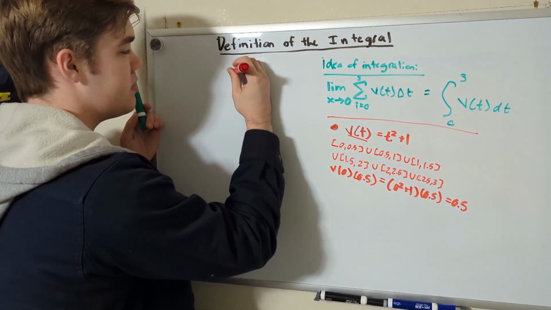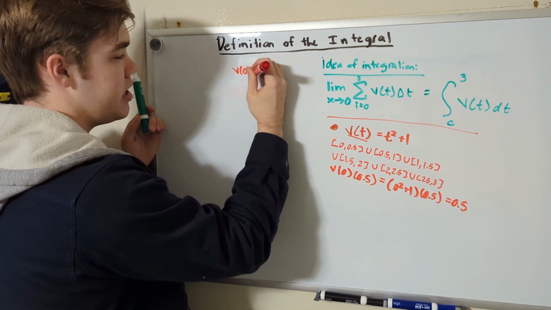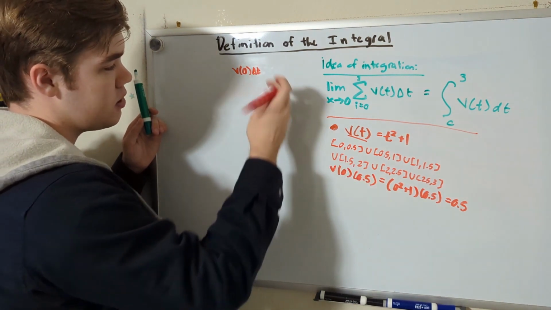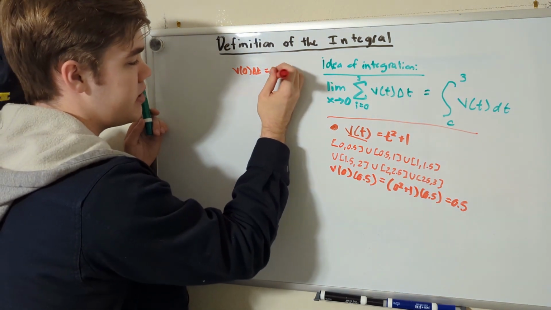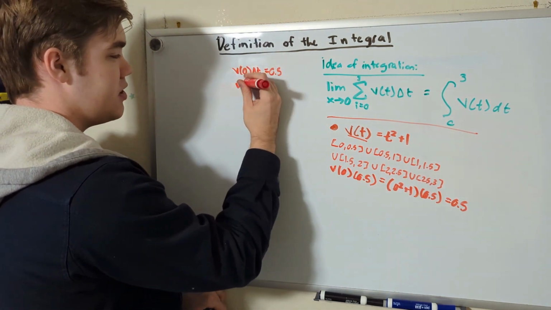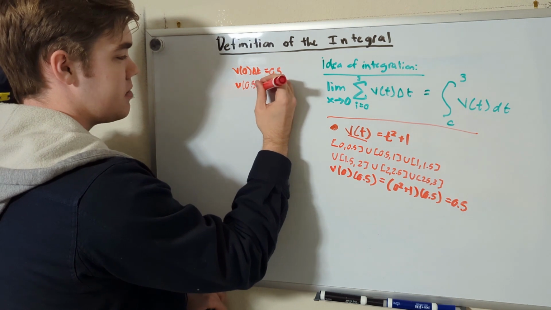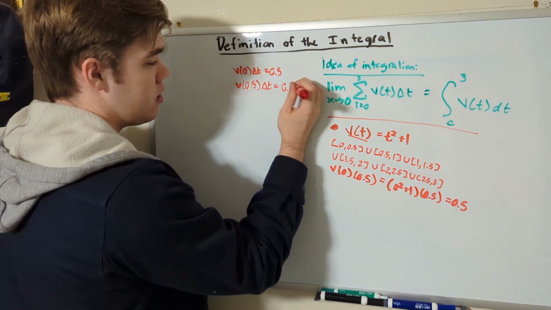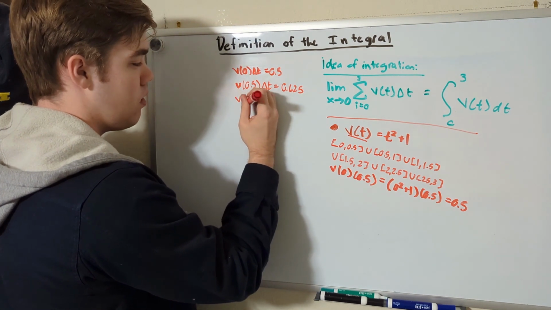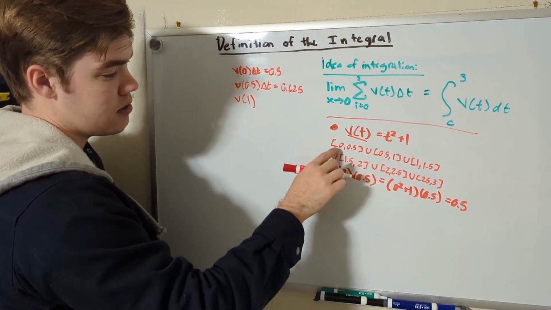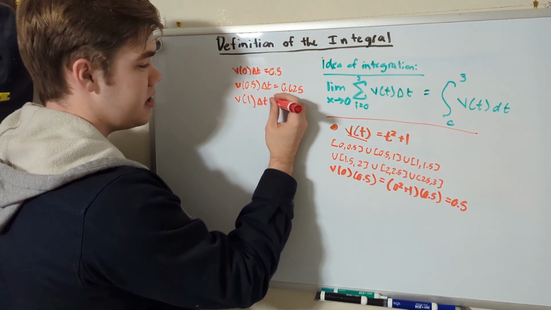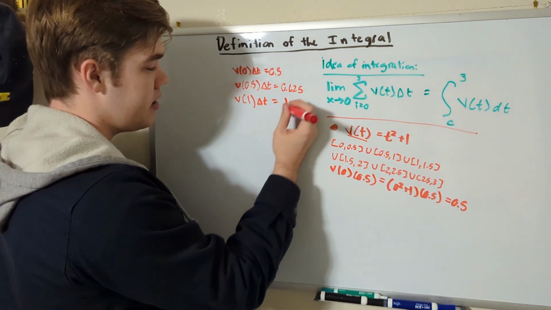First, we have V of 0 times the change in time, which of course was this interval here. V of 0 times 0.5 is 0.5. We did that one. V of 0.5 times the change in time is equal to 0.625. V of 1, remember these are all just the left endpoints, so 0, 0.5, 1, times the change in time is equal to, this one's just equal to 1.